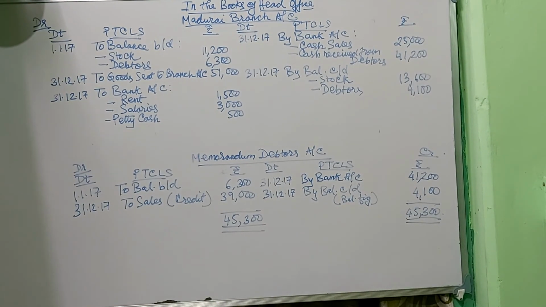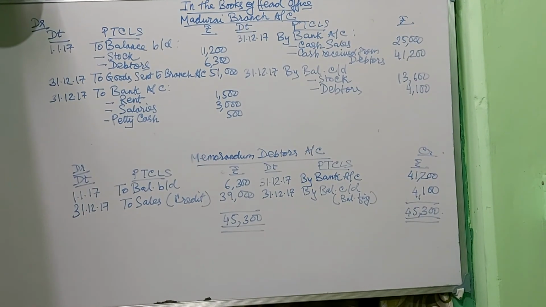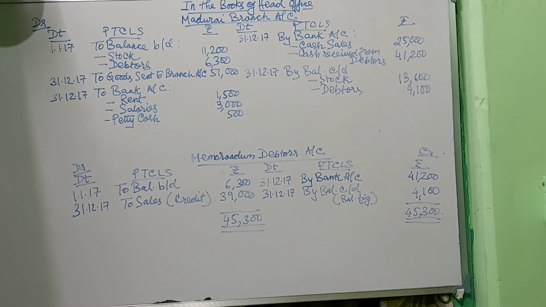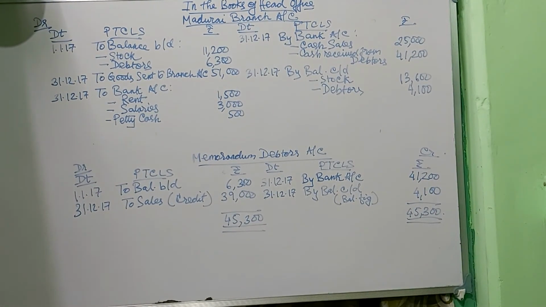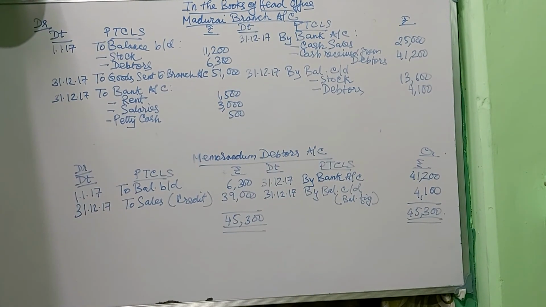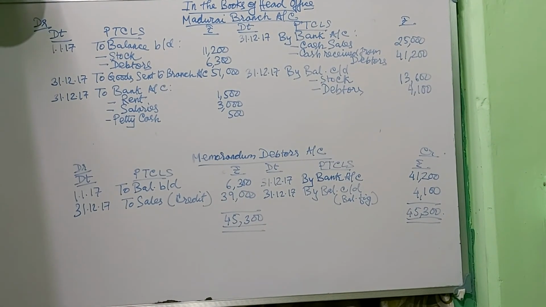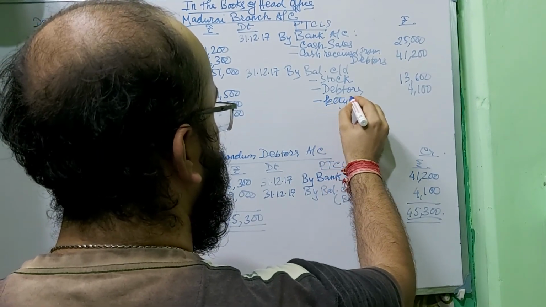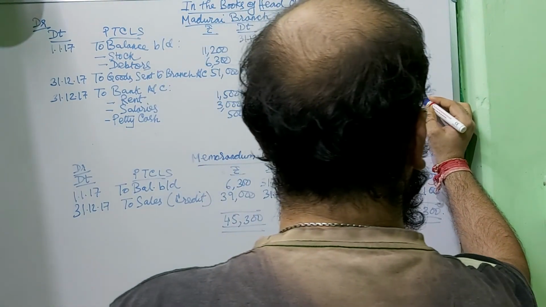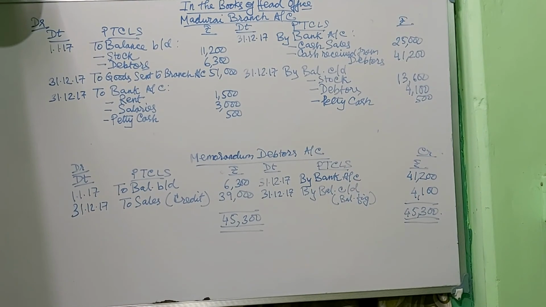It has not been mentioned anywhere that petty cash has been treated differently, so I am assuming the petty cash sent by the head office is lying with the branch at the closing date. So the petty cash of 500 is also to be there at the closing date, right?